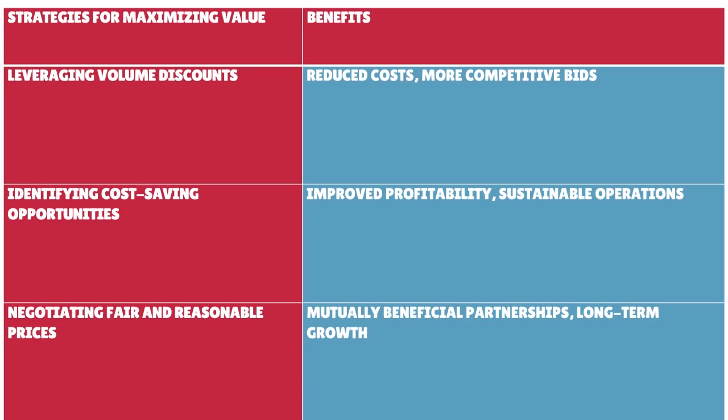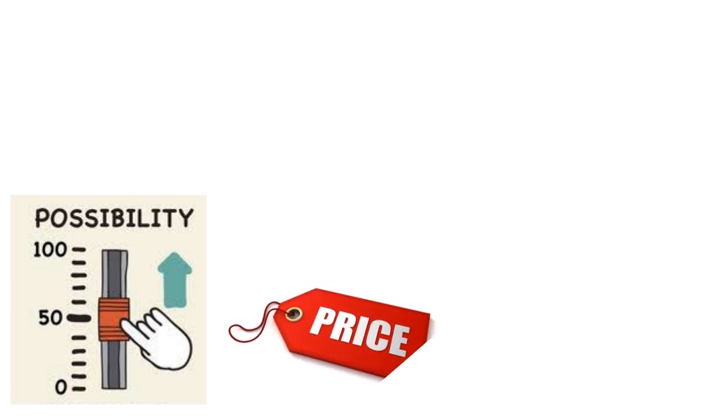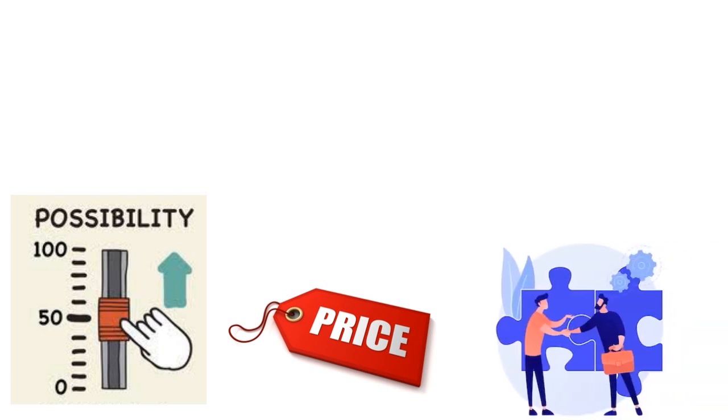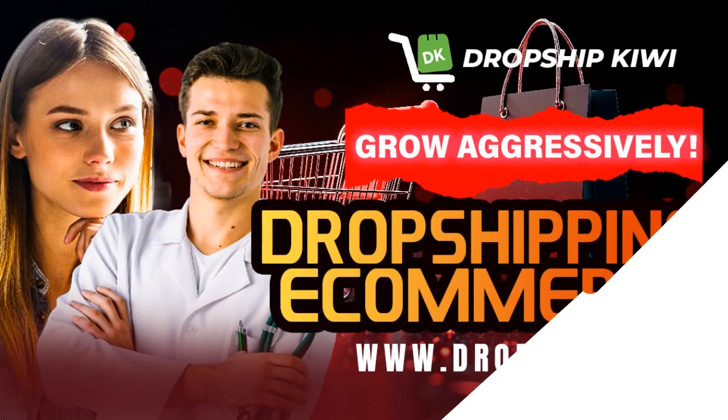When you do all those three things, you have the possibility to get in a better position. For example, when you negotiate fair and reasonable prices, you are able to mutually benefit all the parties involved, and this can help you in the long run. If all parties realize that you have their best interest at heart, then they are able to do everything that you do in a very consistent manner.